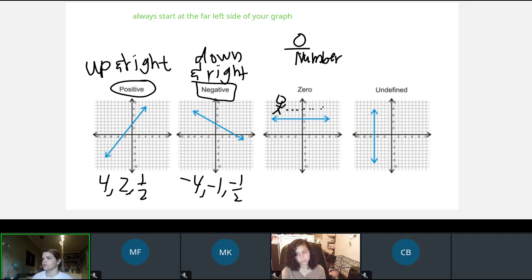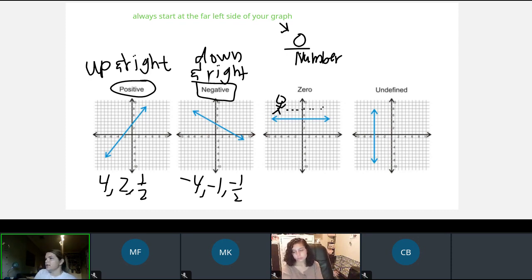You don't go down any hills. So what is the steepness of your sidewalk? It's 0, right? It's not going up in steepness and it's not going down. So it's 0 divided by some number. It could be 0 divided by 0. But you have to have a 0 on the top.